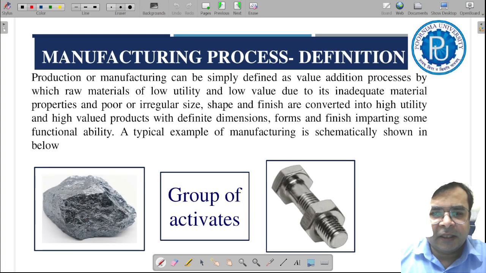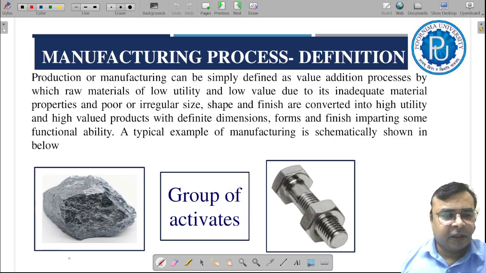Next, as far as the definition of manufacturing process, manufacturing process can be defined as a group of activities which is performed on a raw material.